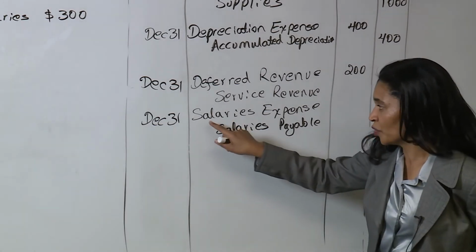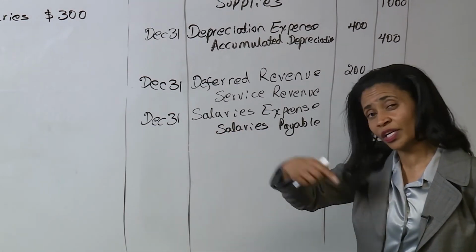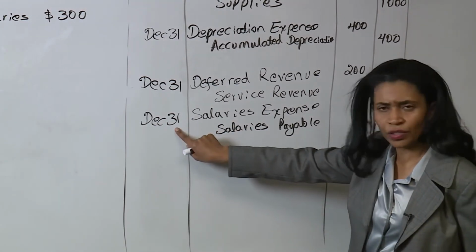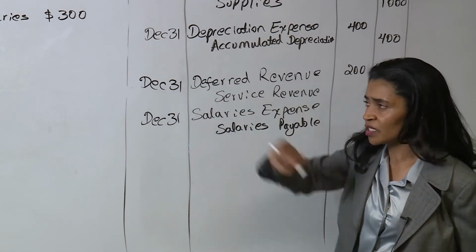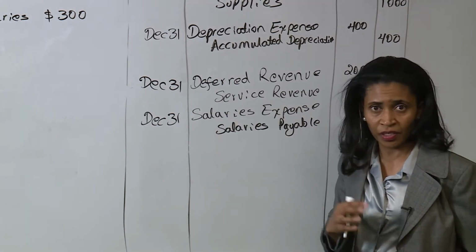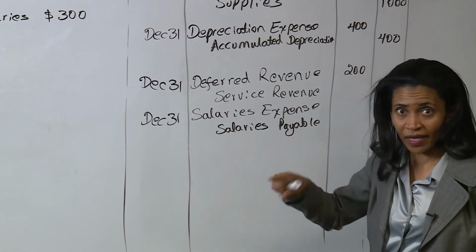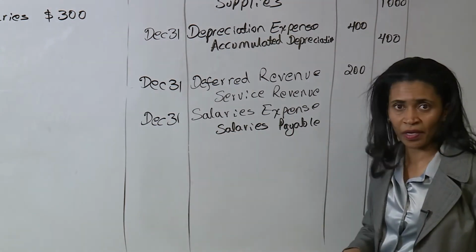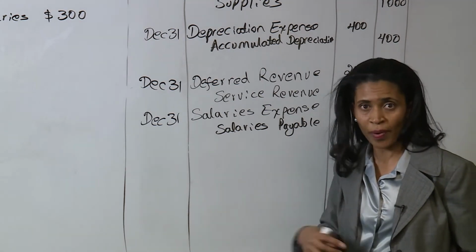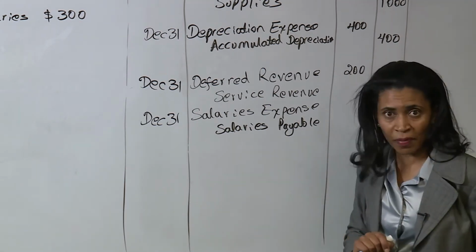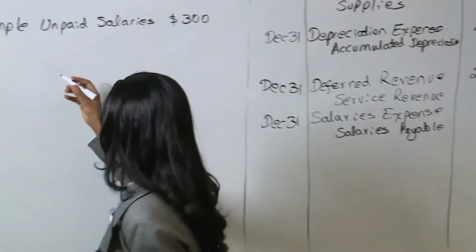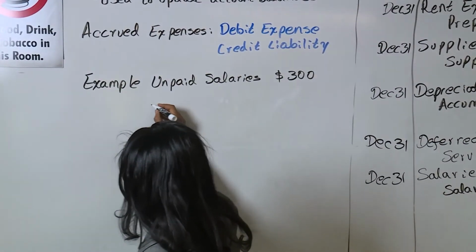So since I'm not paying on December 31st, I'm waiting until the next payday. But I want to show my expense because these employees earned their salary for those 3 days. So I debit salaries expense, that increases my expense account, and salaries payable shows I owe my employees this amount. And the next example could be utilities.